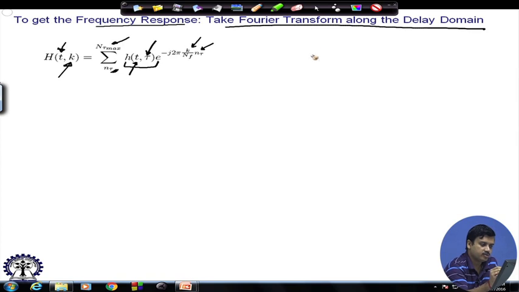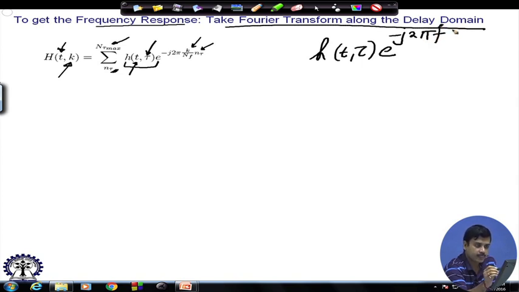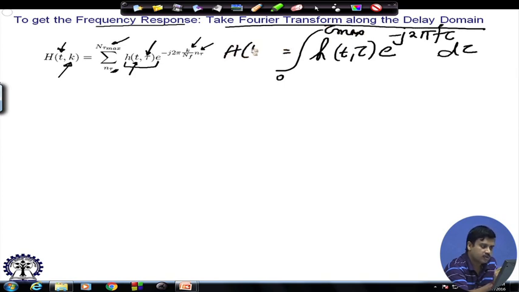You could also do it as the integral of h of t comma tau e to the power of minus j 2 pi f tau d tau, integrating 0 to tau max, and you could write this as h of t comma f. This way also you could describe it, either way is fine.